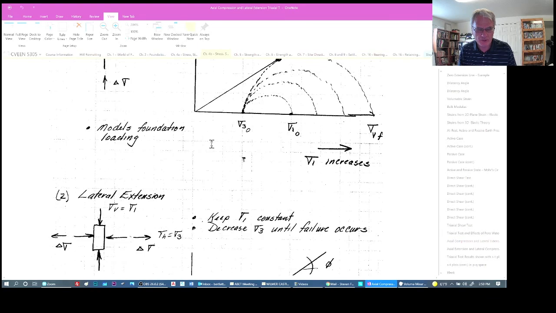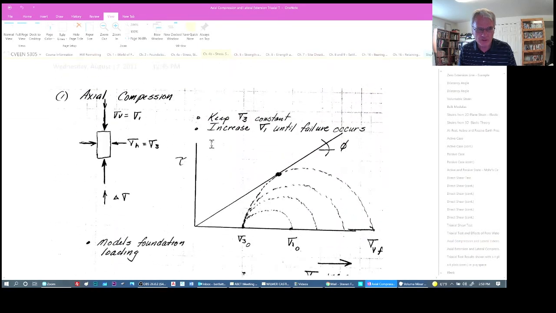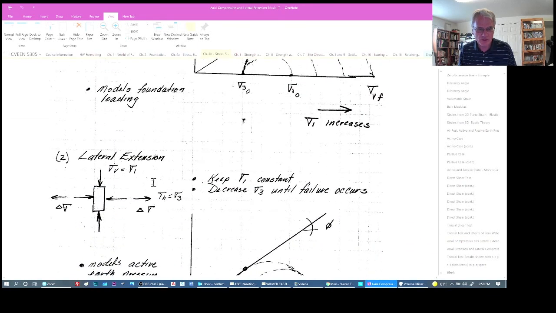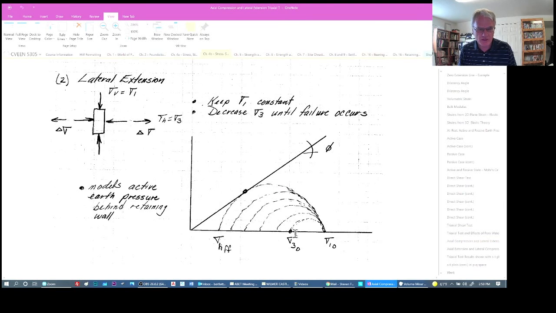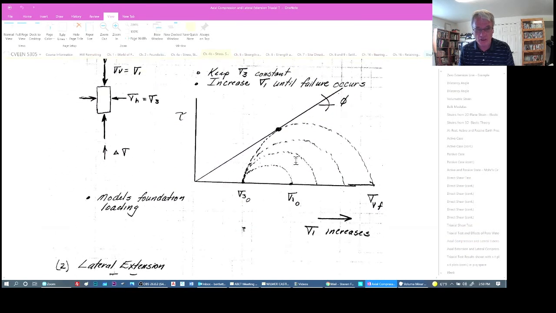Another way we can bring it to failure is called lateral extension. For this case, we might consolidate to this situation where we have sigma 1 still greater than sigma 3. And then we start decreasing sigma 3, which is the cell pressure. As we decrease the cell pressure, our Mohr circle grows and grows, and sigma 3 is diminishing until we touch the same failure envelope, but at a much lower peak.